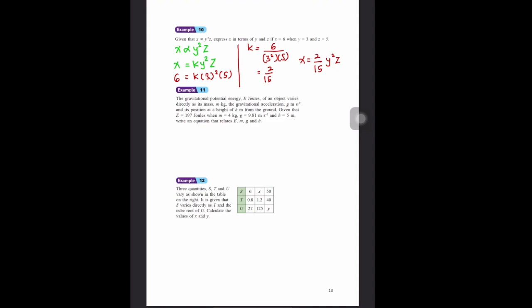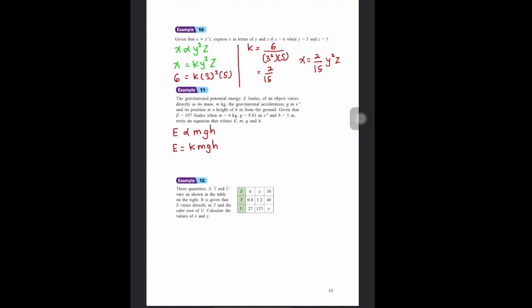So we know that E varies directly as mgh. So we change it into equation form. So E equals constant k mgh. Next, find the value of k by substituting the values of E, m, g, h given in the question.